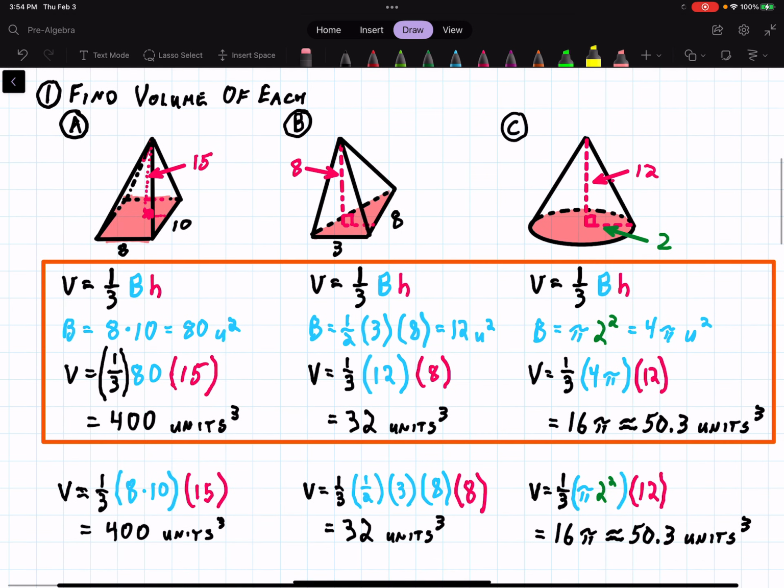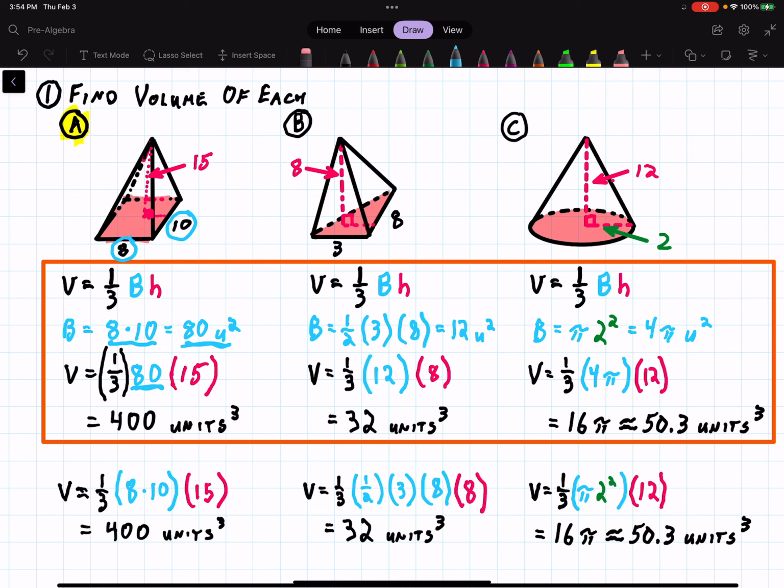So here's an example. Find the volume of each, A, B, and C. Let's take a look at A first. We have a rectangle base, and it's 8 by 10. That's these two numbers right here, which gives us our 80 units squared, because that's an area.